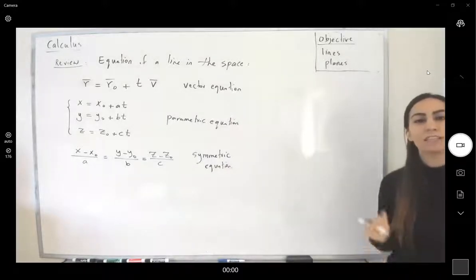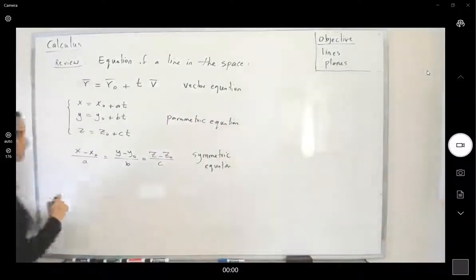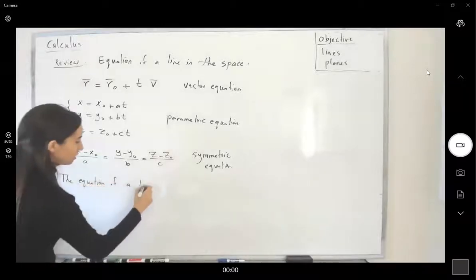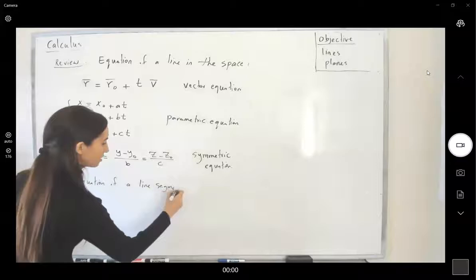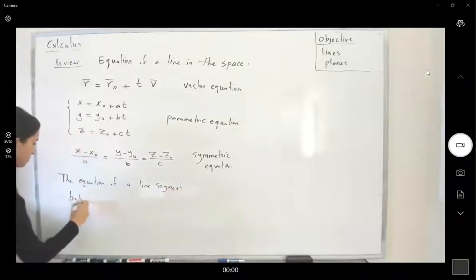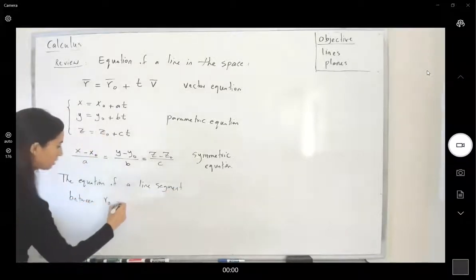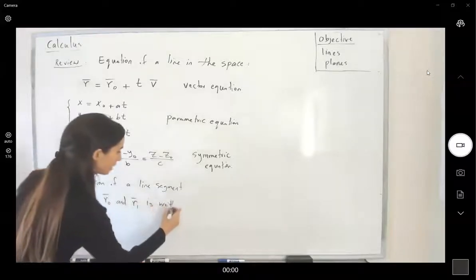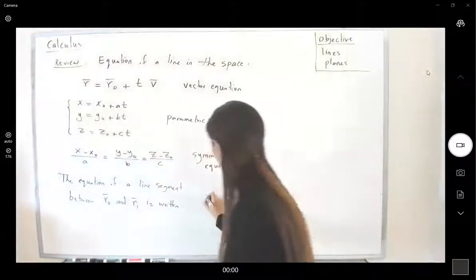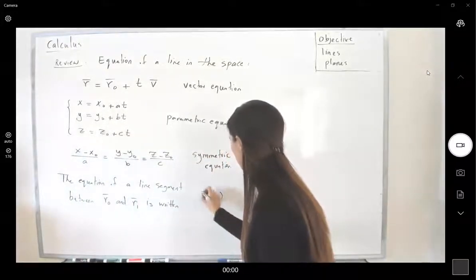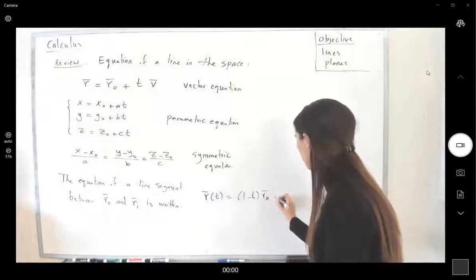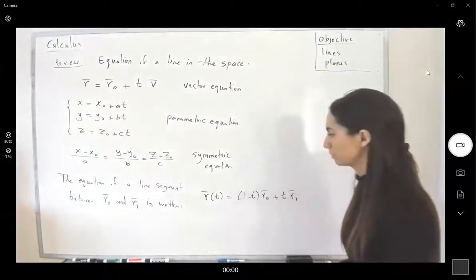If we have a line segment, the equation of a line segment between r sub 0 and r sub 1 is written as r of t is equal to (1 minus t) r sub 0 plus t times r sub 1.